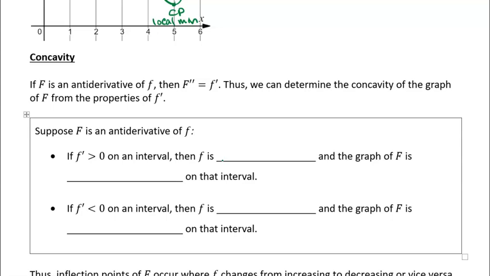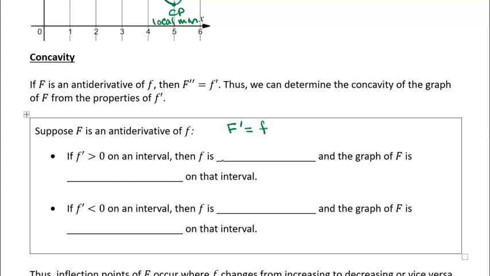So capital F is the antiderivative of f, which just means that capital F prime is equal to f, right?